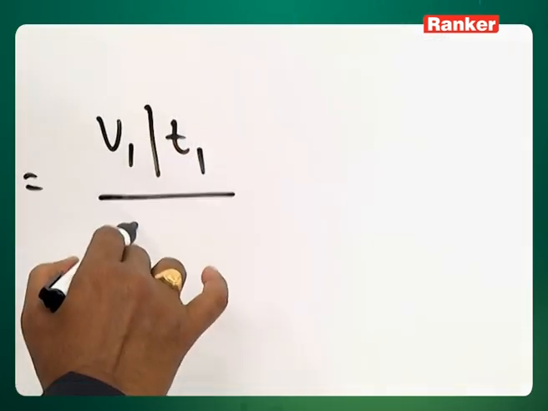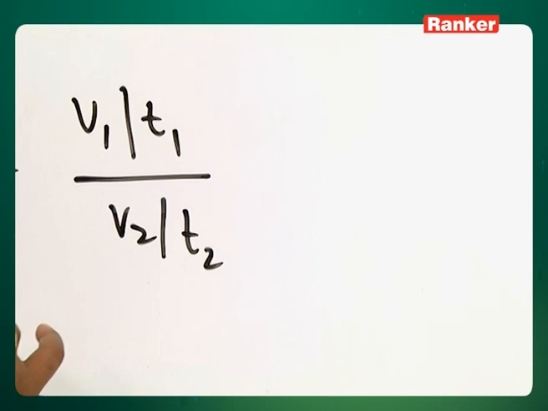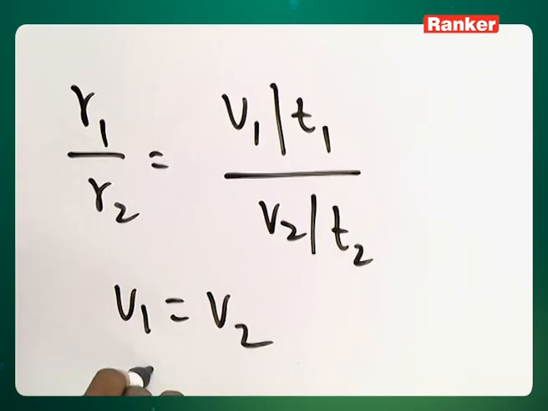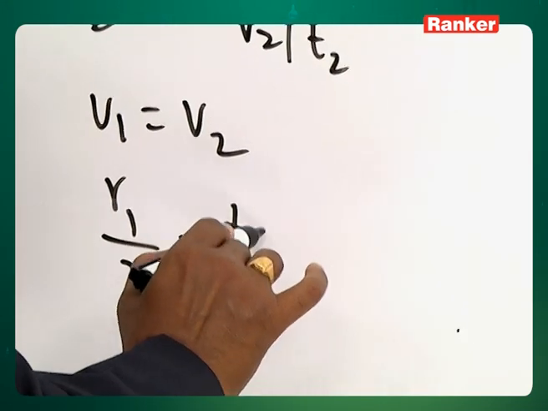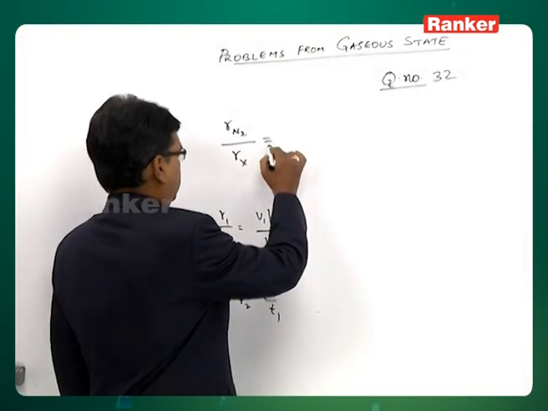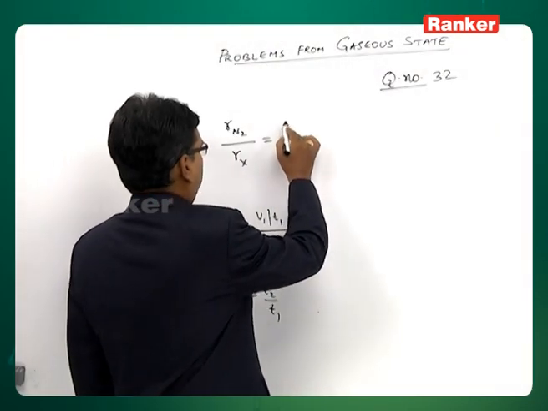So, V1 by T1 by V2 by T2. If V1 is equal to V2, then R1 by R2 is equal to T2 by T1.